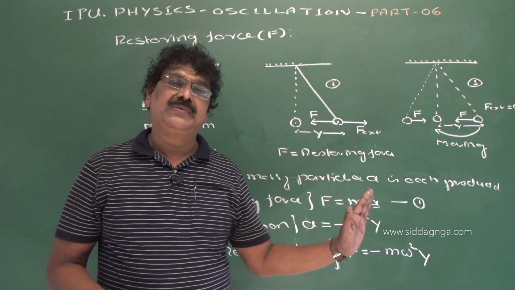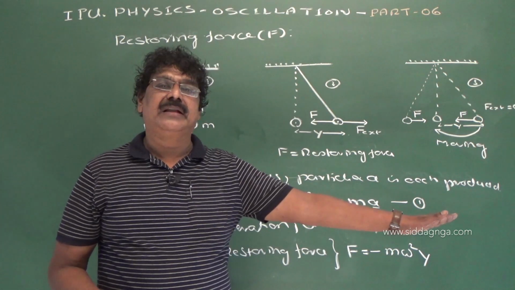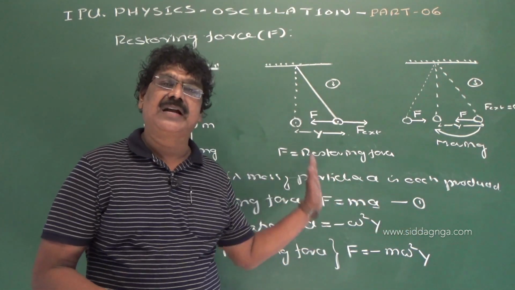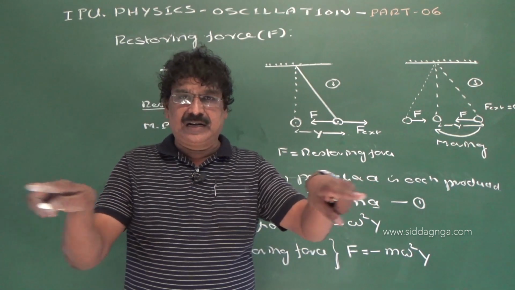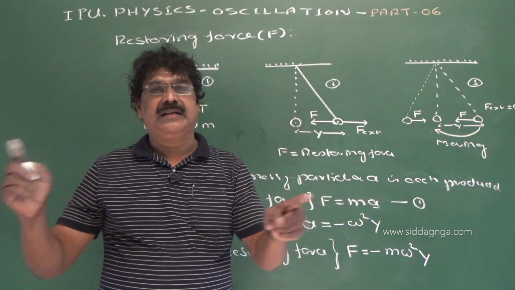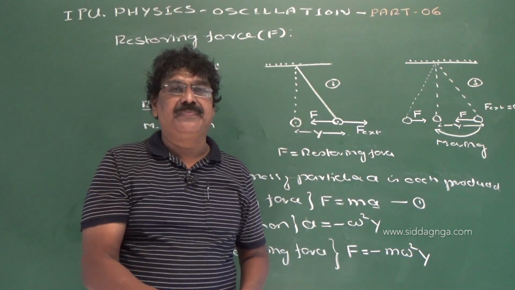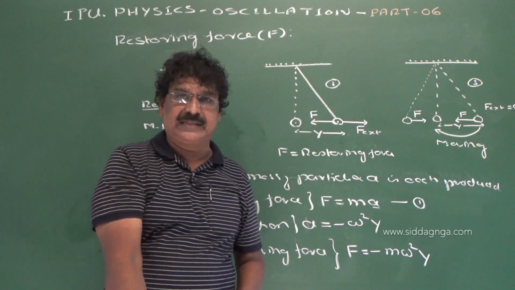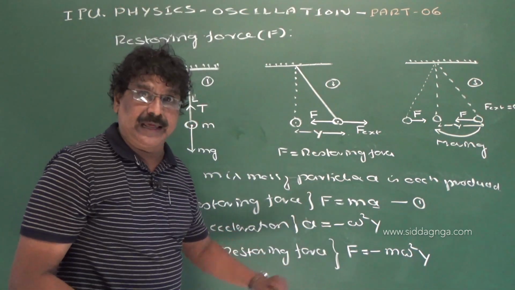The positive side means one side of the mean position, and the negative side means the other side. For horizontal oscillation, positive x-axis, negative x-axis. For vertical oscillation, positive y-axis, negative y-axis. So it is clear.